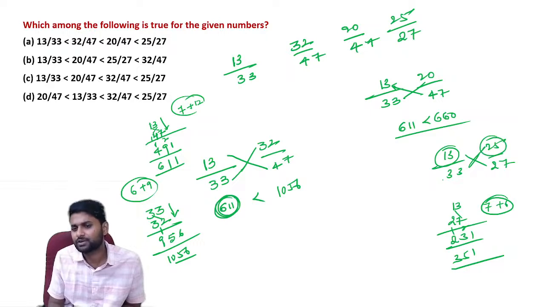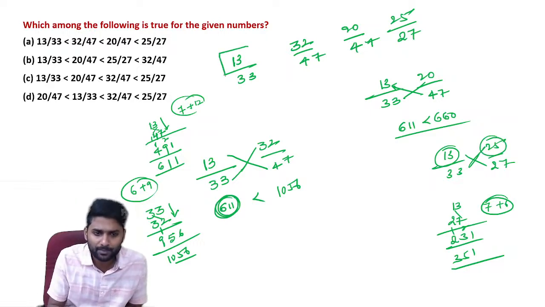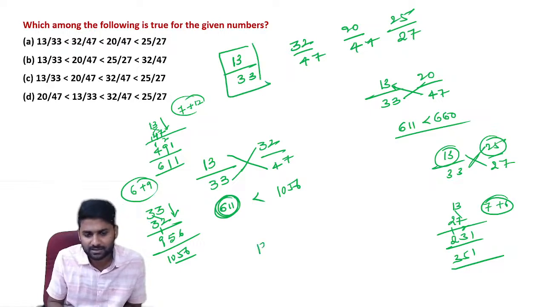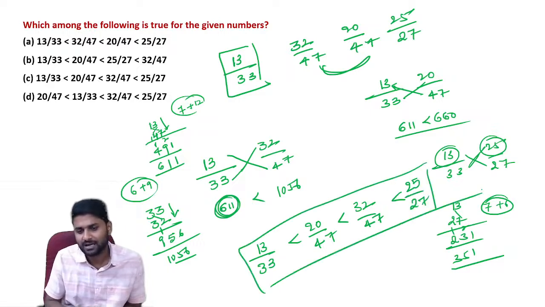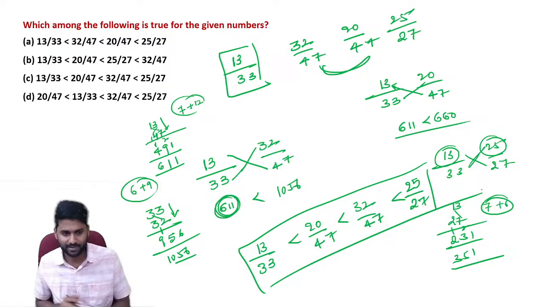Definitely 33 into 25 is more than 351. So in the overall comparison, we can conclude that 13 by 33 is the smallest one. The smallest number. If you compare these two, definitely 20 by 47 is smaller than 32 by 47. And finally, out of all the numbers, 25 by 27 is the largest among the comparison.